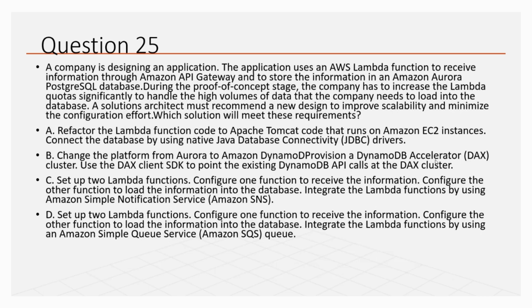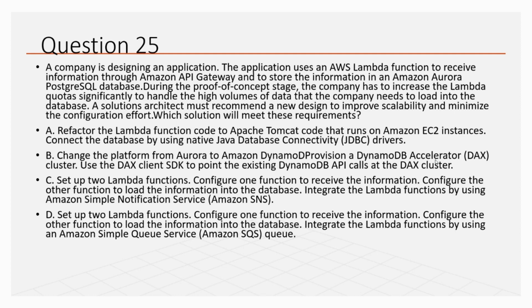Question number 25. A company is designing an application. The application uses an AWS Lambda function to receive important information through an Amazon API Gateway and to store the information in an Amazon Aurora PostgreSQL database.